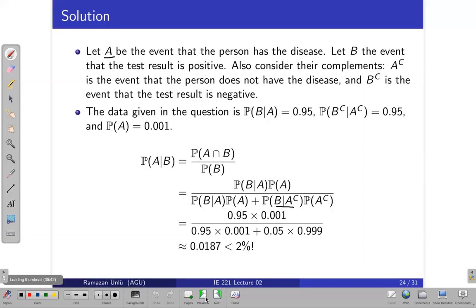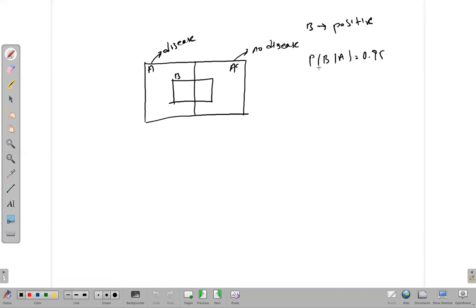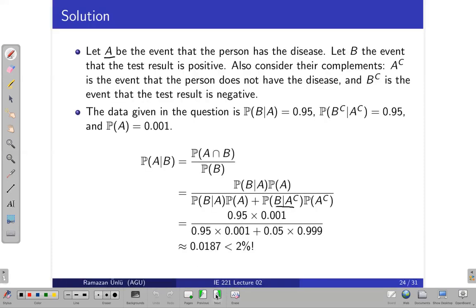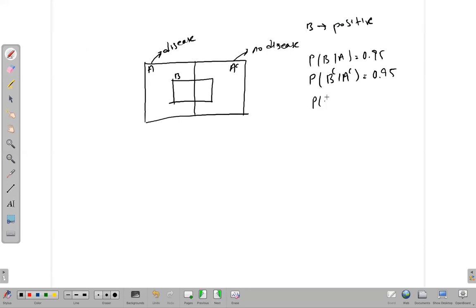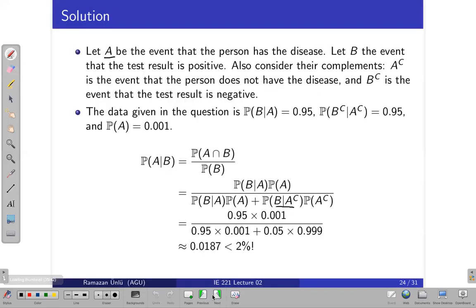And probability of B complement given A complement: if a person does not have the disease, the result will be negative, which is 0.95. And P(A) is 0.001.